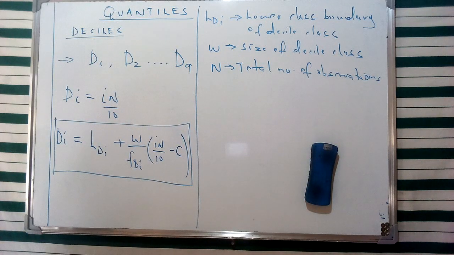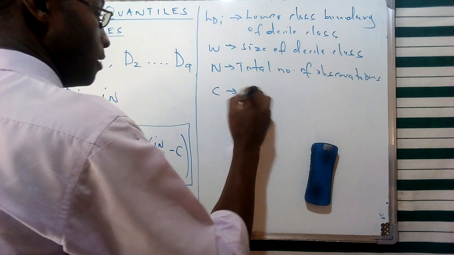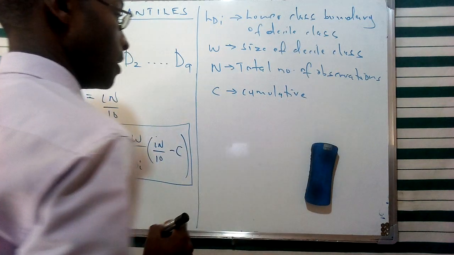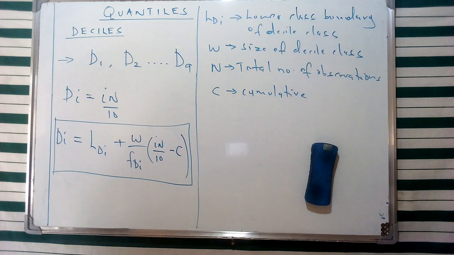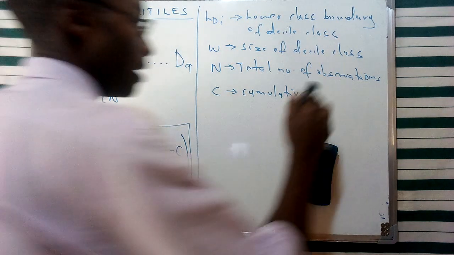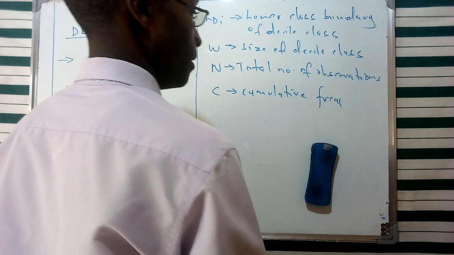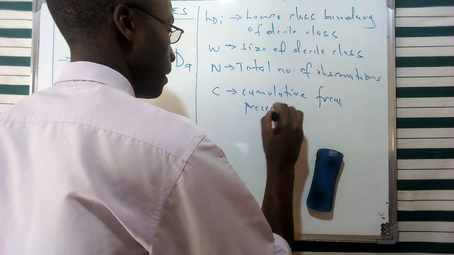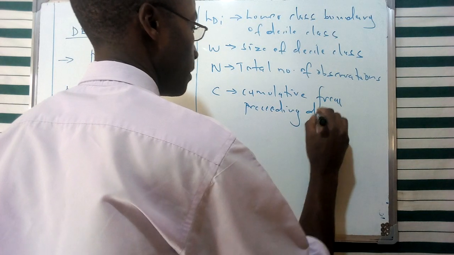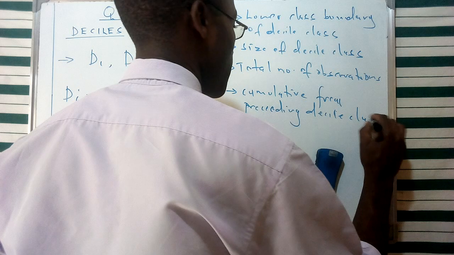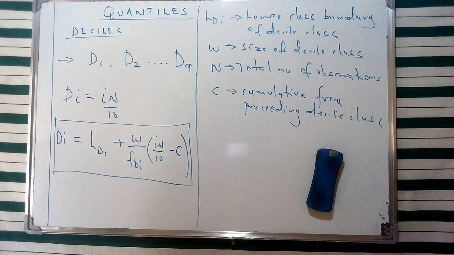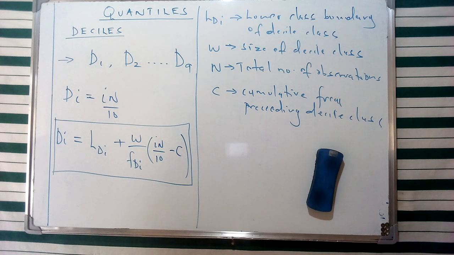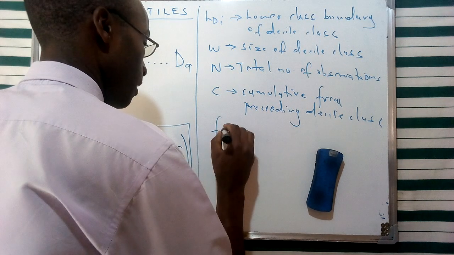Then we have C, which is the cumulative frequency of less than type, representing the frequency of the class preceding the decile class. And lastly, FDi is the frequency of the decile class.